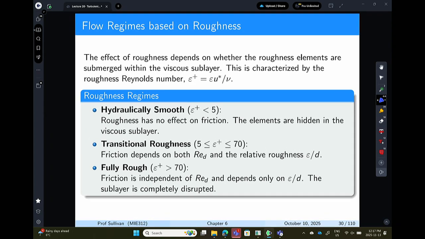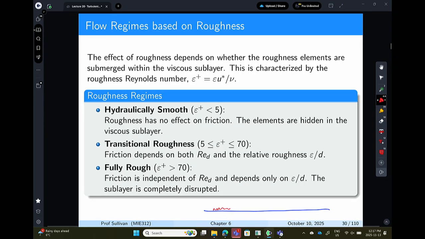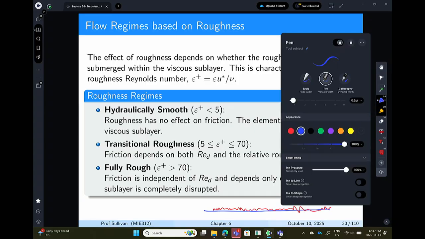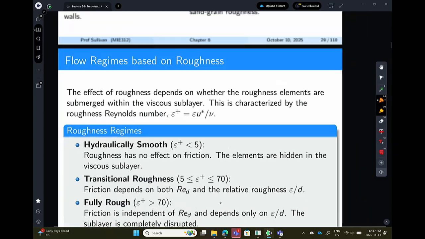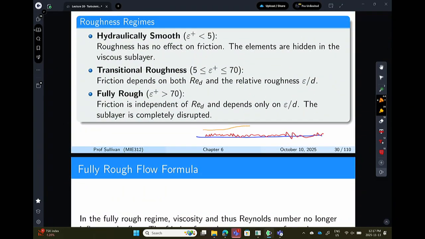And what's really important is how the roughness element affects things. Very close to the wall, there's something called a viscous sublayer. Essentially, it's a blanket of fluid that is acting to isolate the wall from what's happening. So if you have a very thick viscous sublayer or very small roughness elements, and that orange line is the thickness of the viscous sublayer.